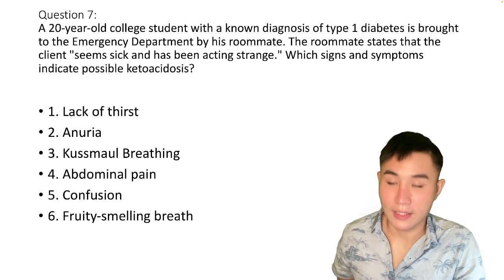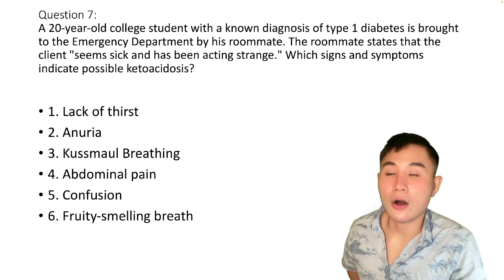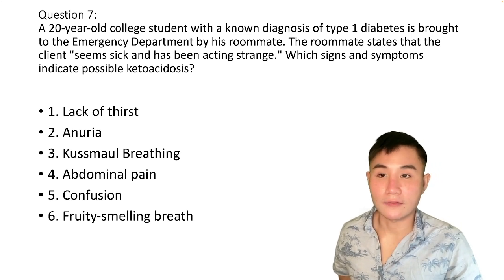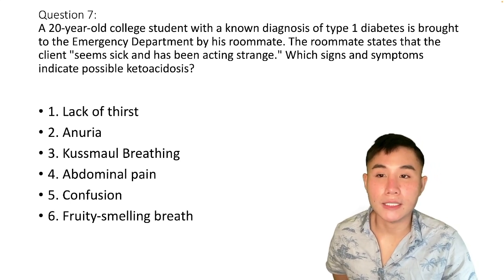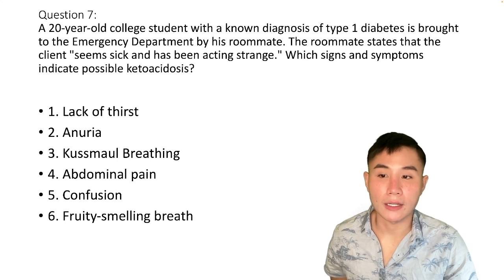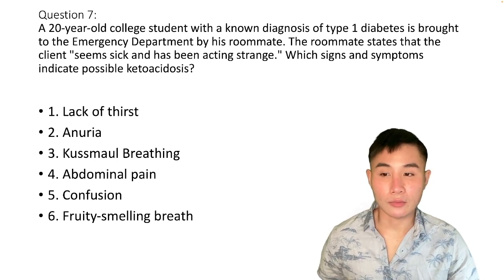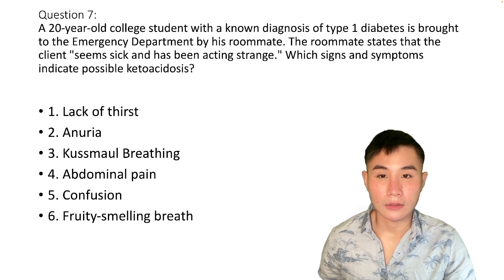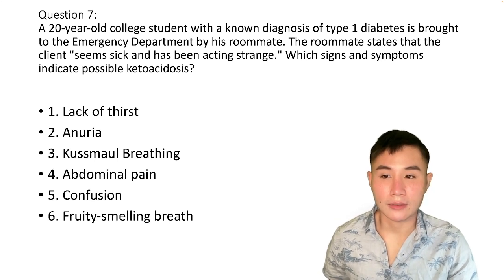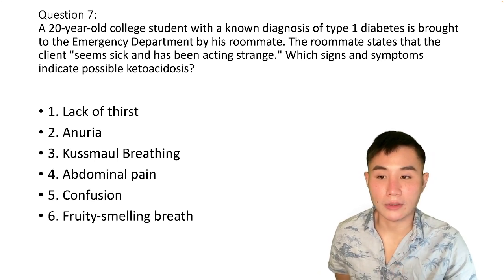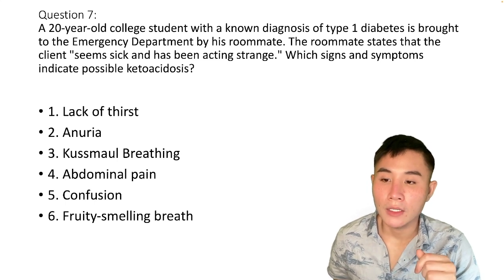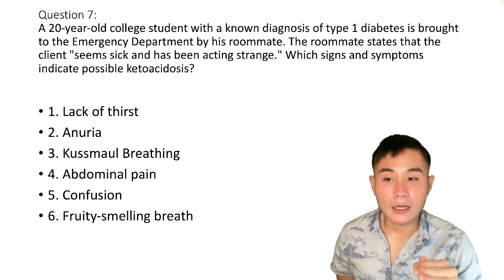Kussmaul breathing, yes. It is a hallmark sign of DKA. Kussmaul breathing is rapid and shallow. No, rapid and deep breathing. They breathe deeply but very rapidly, so it's called Kussmaul breathing. Abdominal pain, yes.